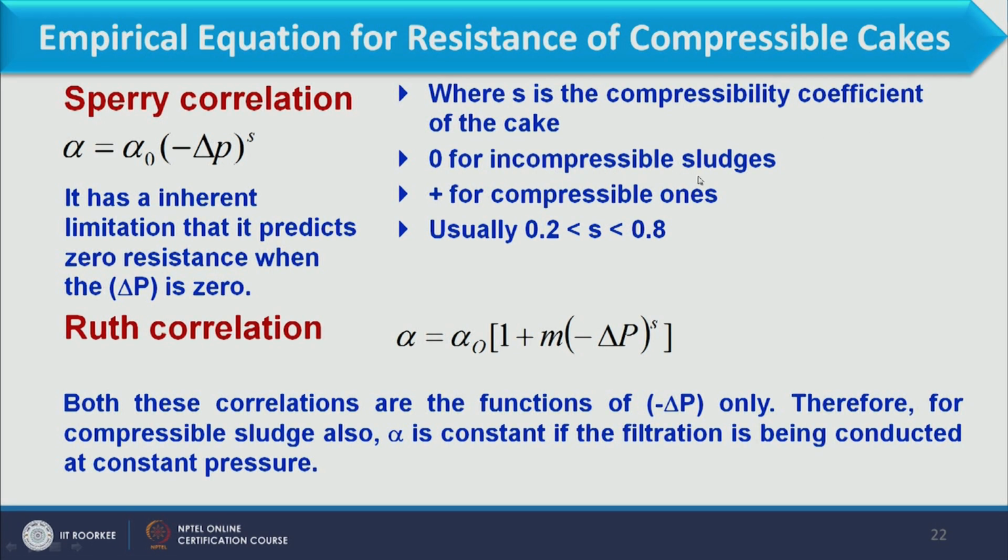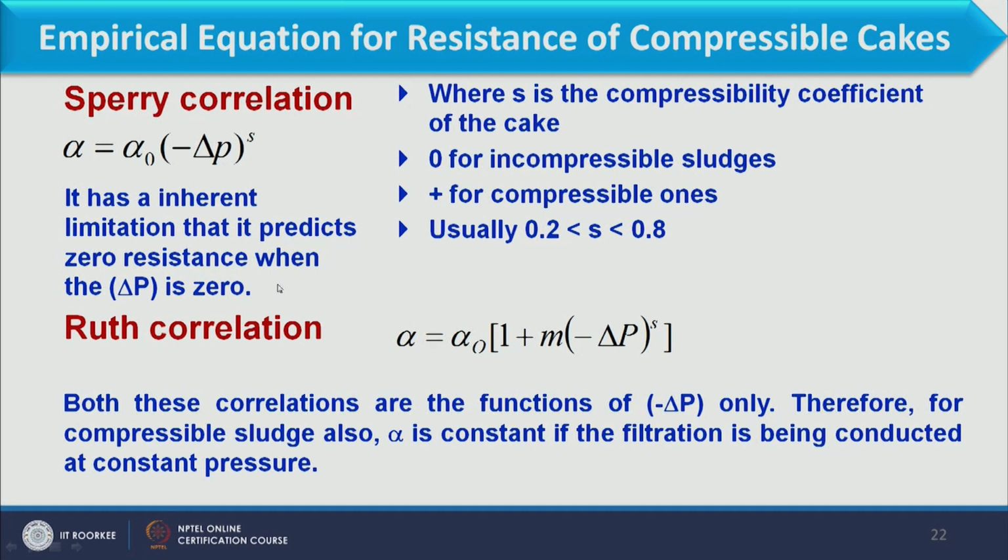It should be 0 for an incompressible cake, and it should have a positive value for a compressible one. Usually it varies from 0.2 to 0.8. Now if you see this particular expression, it has the limitation that if the pressure drop is 0, it will predict a 0 value of alpha.